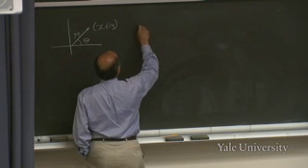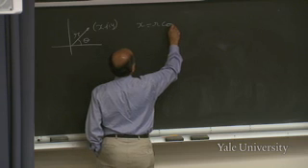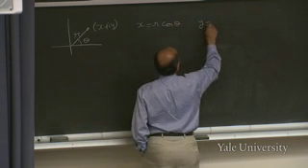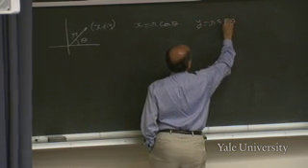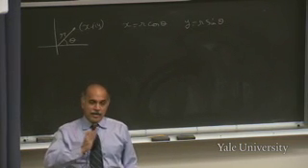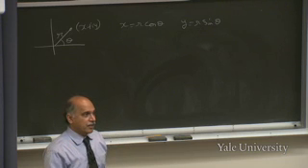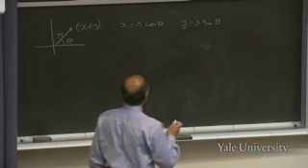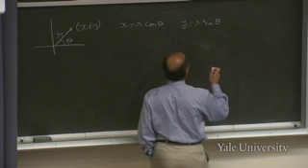Then it's clear that x is equal to r cosine theta and y is equal to r sine theta, where theta is now an angle associated with a complex number, which tells you at what angle it is located, and r is the length of the complex number. So this is called the polar form of the complex number.